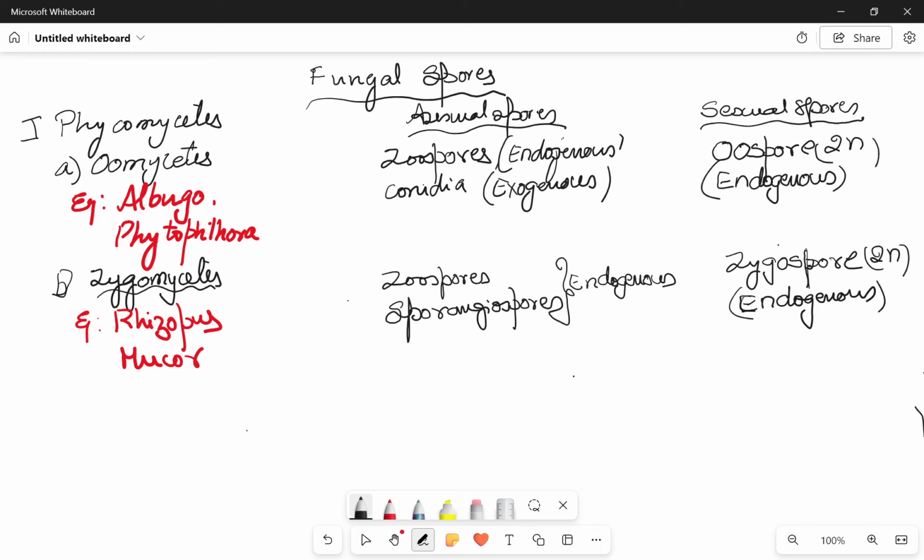And the second class, that is Ascomycetes.